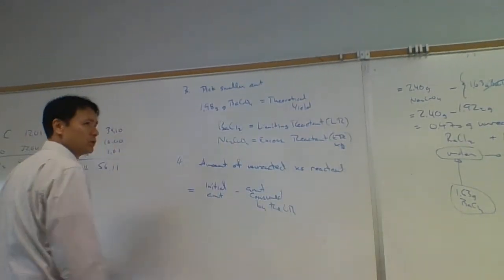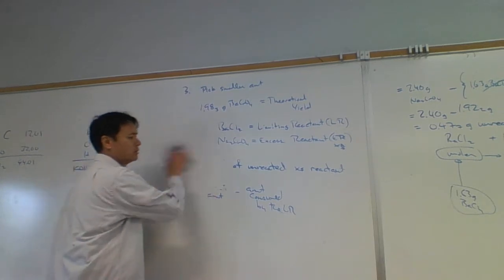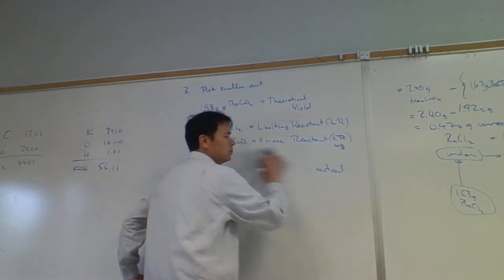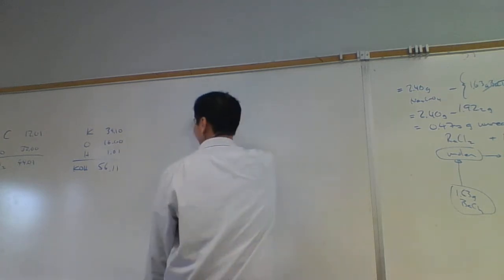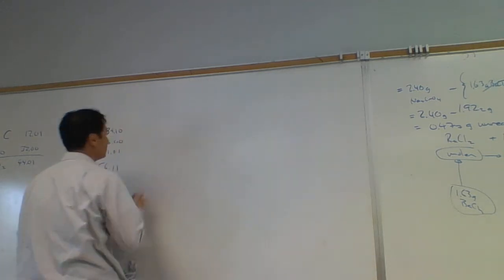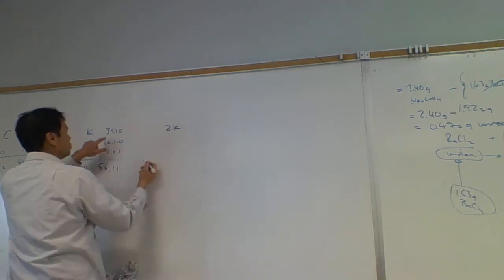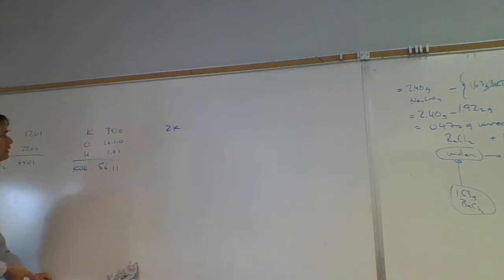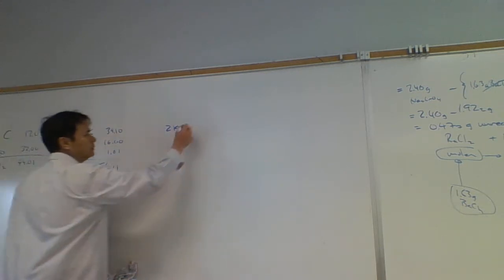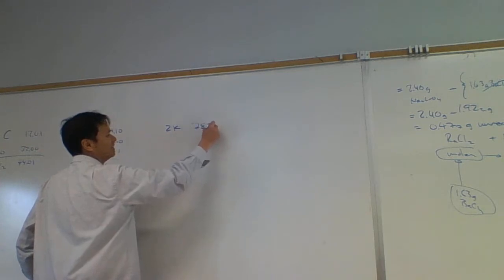All right. So if they didn't specify which product, I would have picked water because it's quicker to calculate the molar mass of water. But they're interested in potassium carbonate. Well, calculating the molar mass of potassium carbonate is more hassle. So we got 2 potassiums, 39.10 times 2 is 78.20.